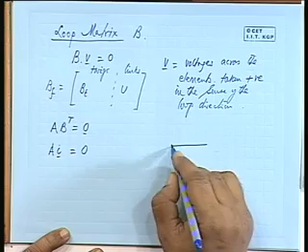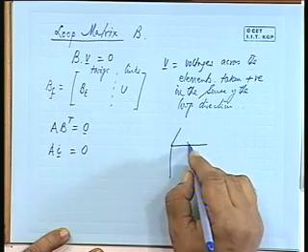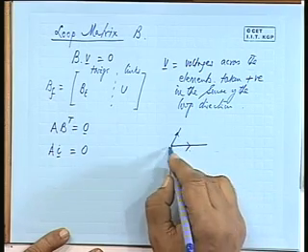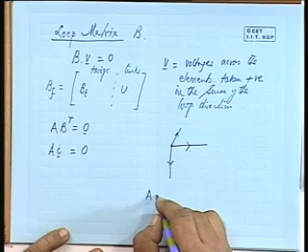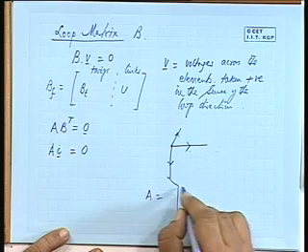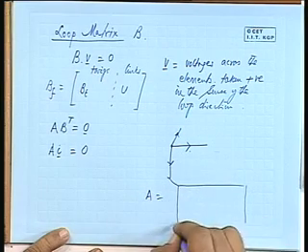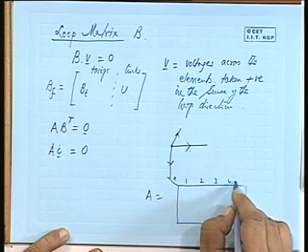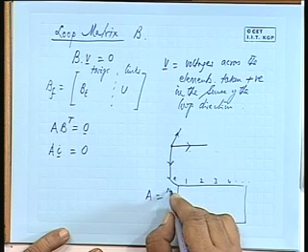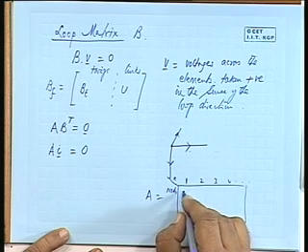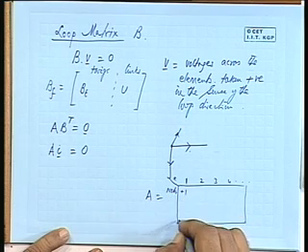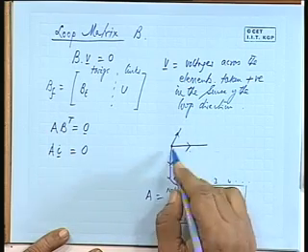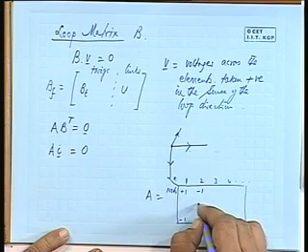Consider a node; suppose these are the directions of the currents we have taken, I1, I2, I3. From the A matrix, these are the elements 1, 2, 3, 4, 5, 6 and so on, and these are the nodes. Element 1 will be connected between say node 1 and node 5 and so on. Element number 2, depending on the arrow direction, may be minus 1 and plus 1 here.